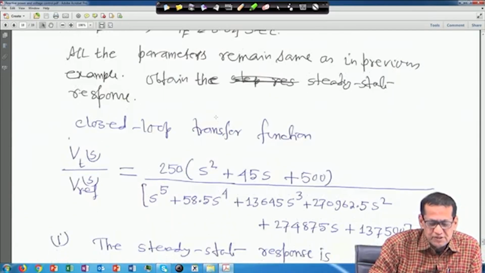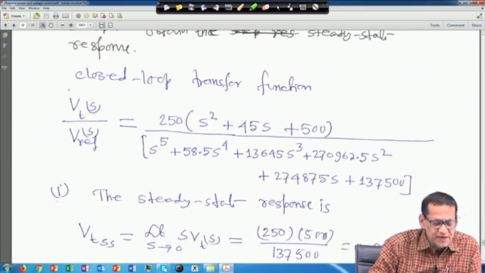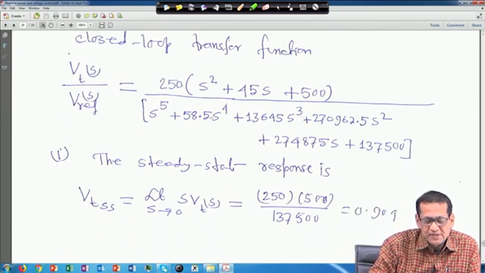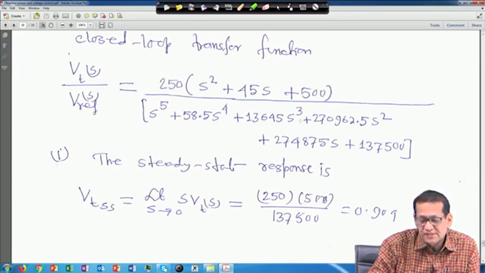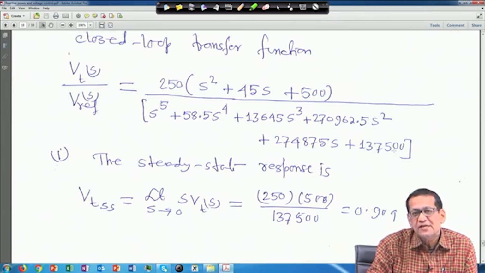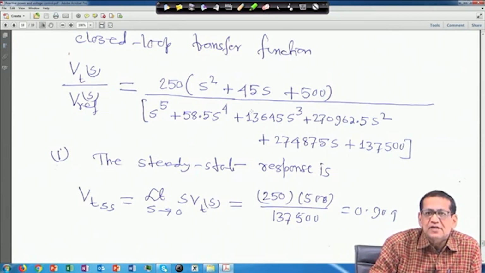When you find the closed loop transfer function of the system in figure 3, you will find Vt upon V reference is equal to 250 into (S square plus 45 S plus 500) divided by S to the power 5 plus 58.5 S to the power 4 plus 13,645 S cube plus 2,70,962.5 S square plus 2,74,875 S plus 1,37,500. So this will be the transfer function after substituting all the values, right.